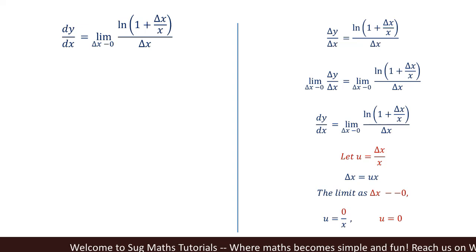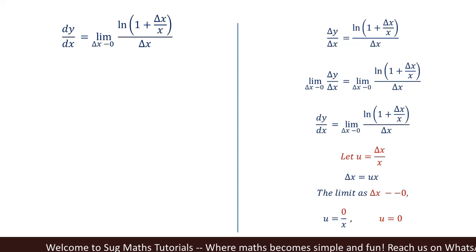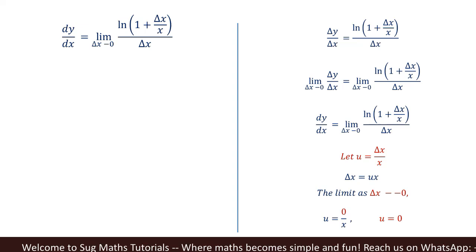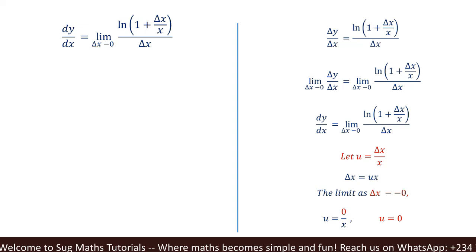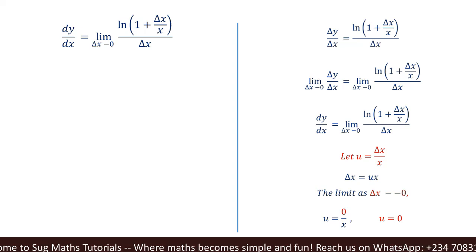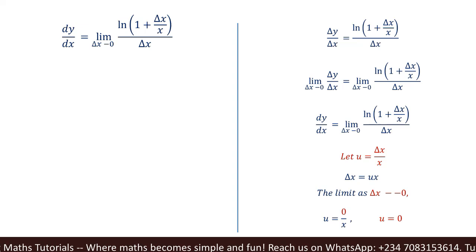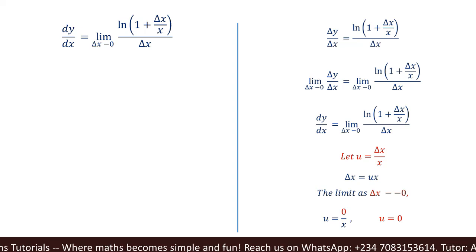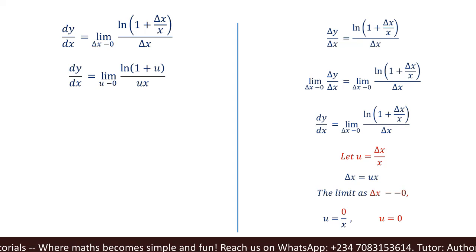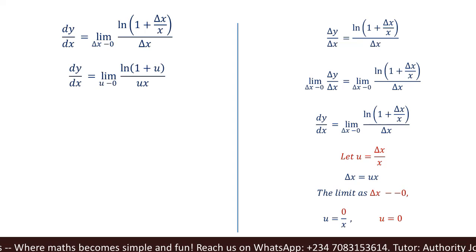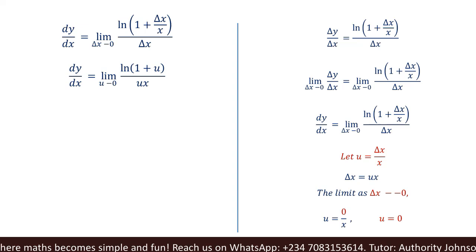Now let's continue. Let's make our simple substitution. Remember that we have dy all over dx is equal to limit as change in x approaches 0, ln of 1 plus change in x all over x, all over change in x. Let's make the substitution now. We have dy all over dx is equal to limit as, in place of change in x approaches 0, we have u approaches 0.